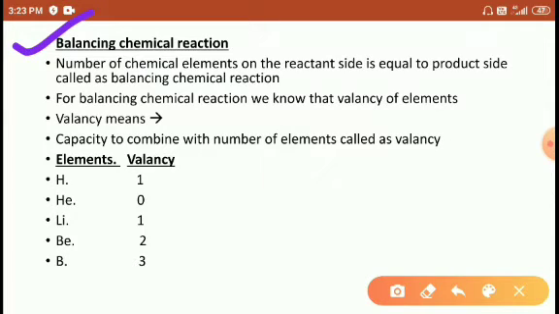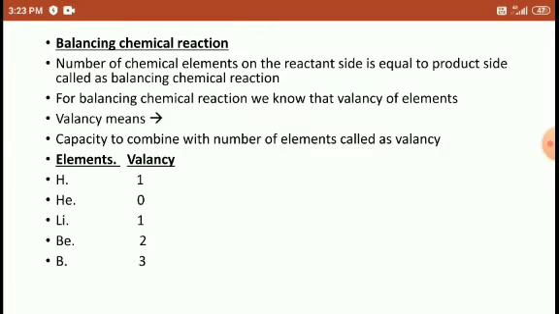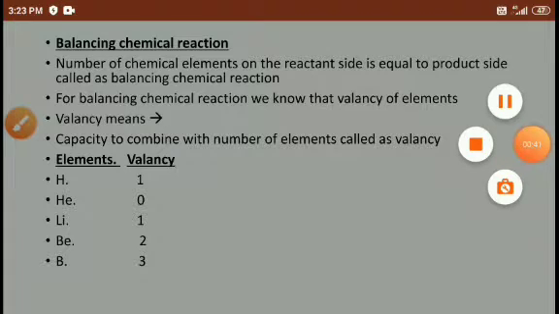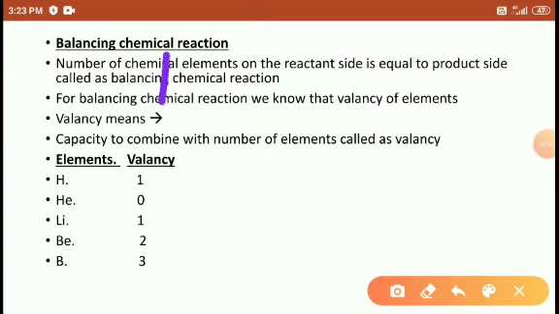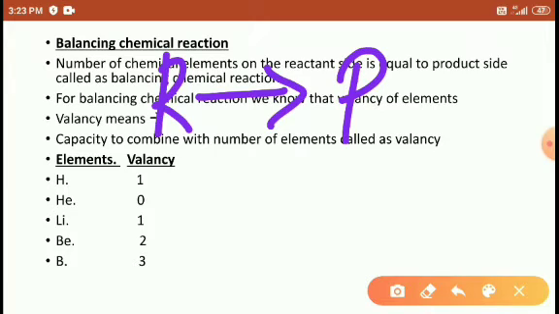So what is a balancing chemical reaction, students? Balancing chemical reaction means the number of chemical elements on the reactant side is equal to the product side. If the reactant side is 1, then the product side is also 1.